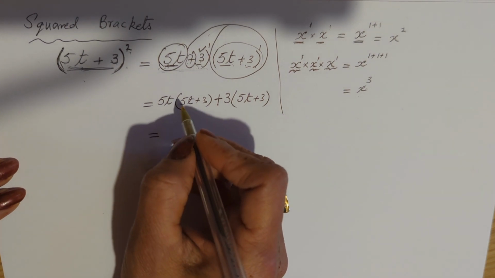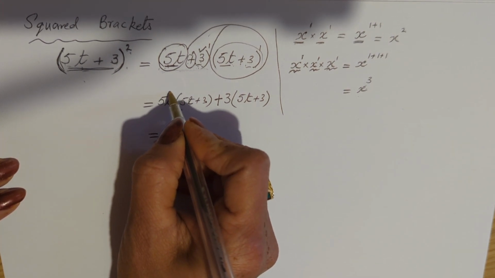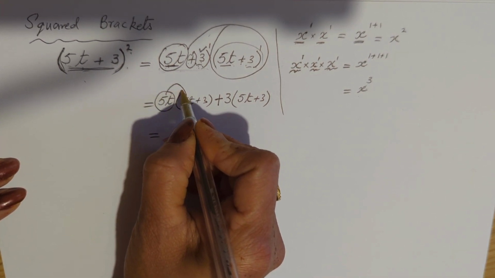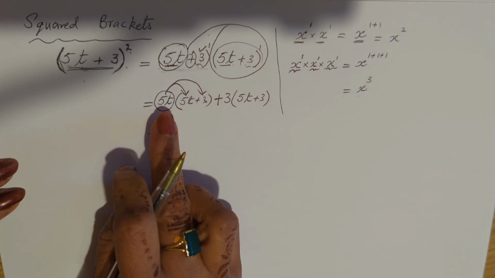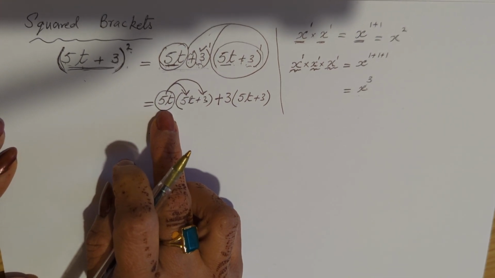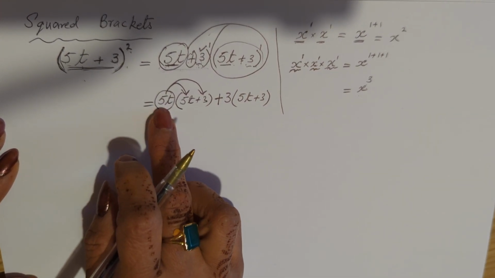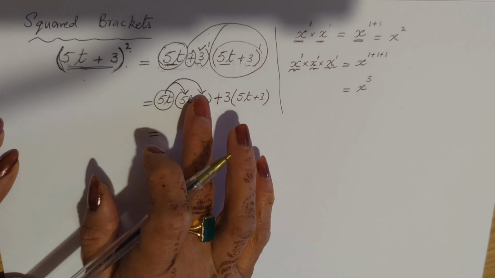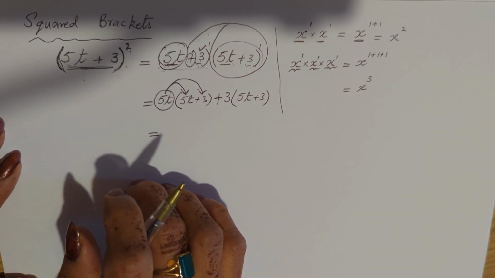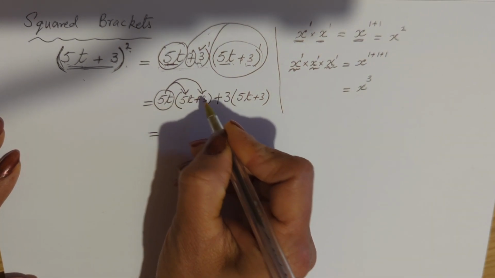After writing this, what will we do? This 5t will multiply by this, and this 5t will multiply by this. The term written outside the parentheses will be multiplied by each and every number inside the parentheses, and we will keep the sign as it is.